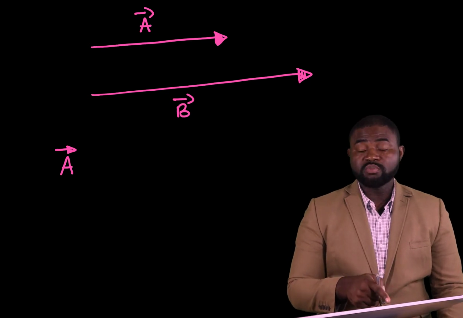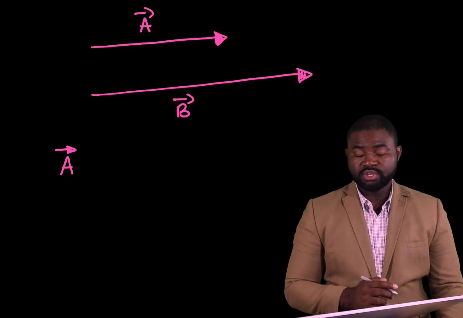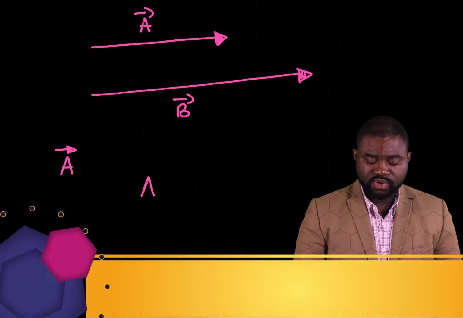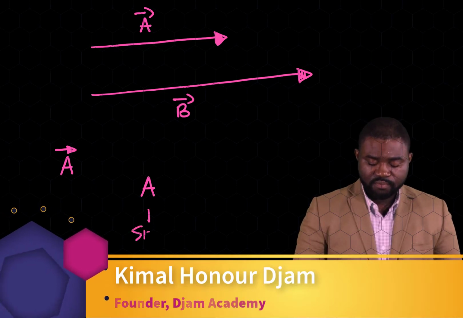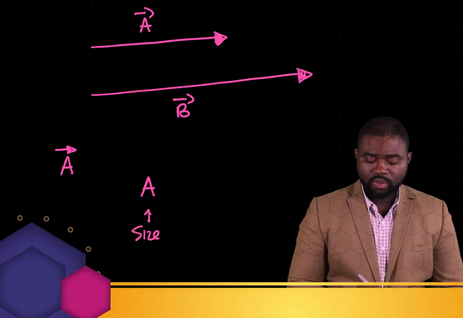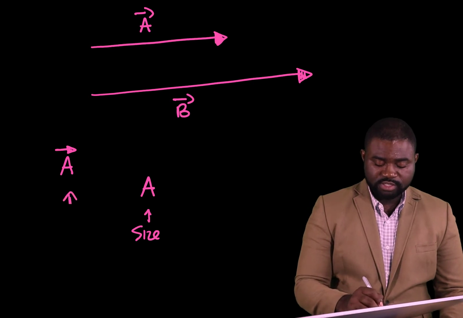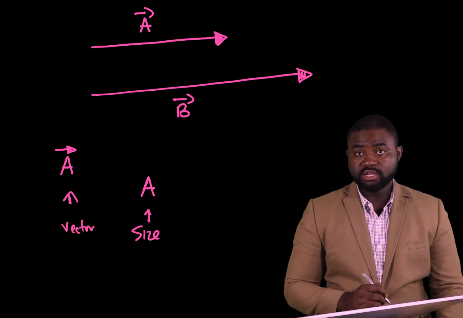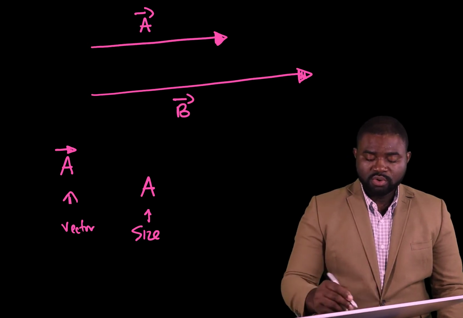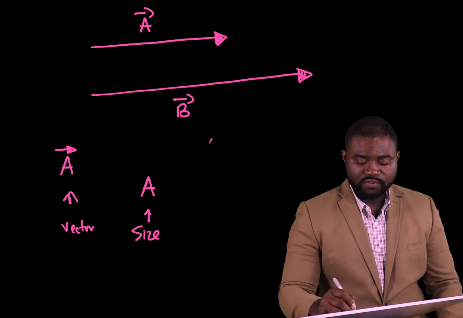The arrow on top of this letter signifies that the quantity A is a vector quantity. So now if I just write A, this represents the size and this represents the vector. Understand that?